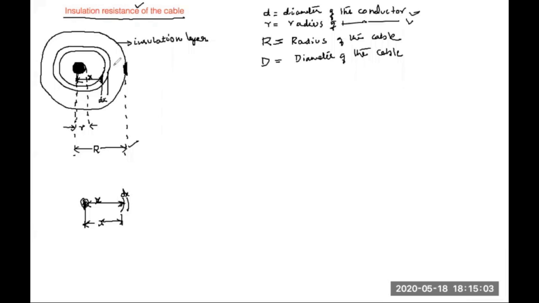You know that as the leakage current flows radially outwards, as I said already, the length along which the current flows in an elementary ring is dx. Correct? The length is dx. Now, the cross-sectional area will be perpendicular to the flow of current, which purely depends on the length of the cable.